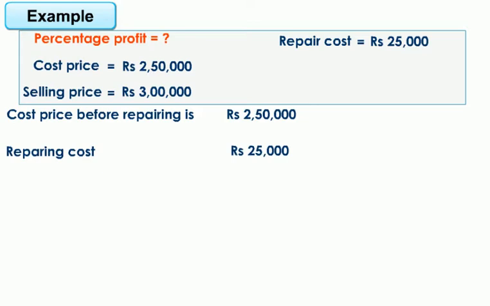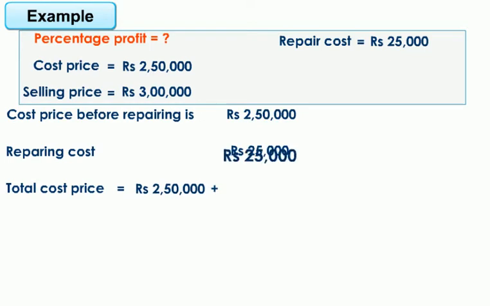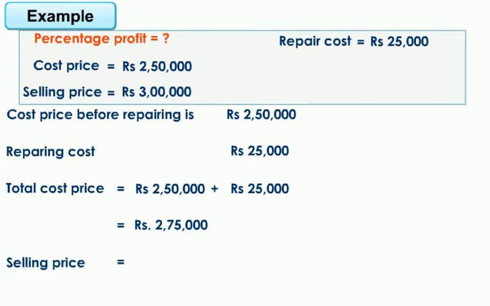Therefore, the total cost price is given by rupees 2,50,000 plus rupees 25,000. This gives us rupees 2,75,000. The selling price as given was rupees 3 lakh.